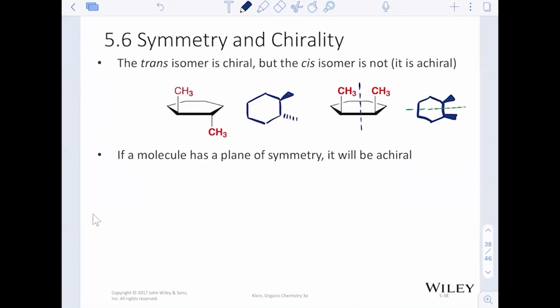Think about this trans guy, there is no symmetry. And that's because one of the methyls is wedged and one of them is dashed. Now, the cis isomer will have a plane of symmetry when the substituents are identical and cis, right? So this with 2 methyls is symmetry.